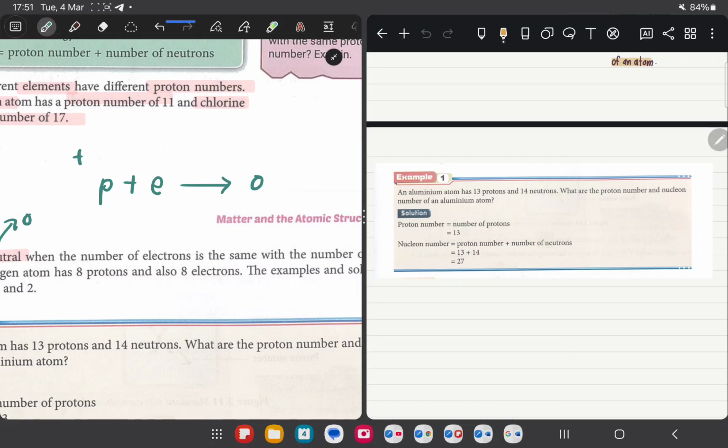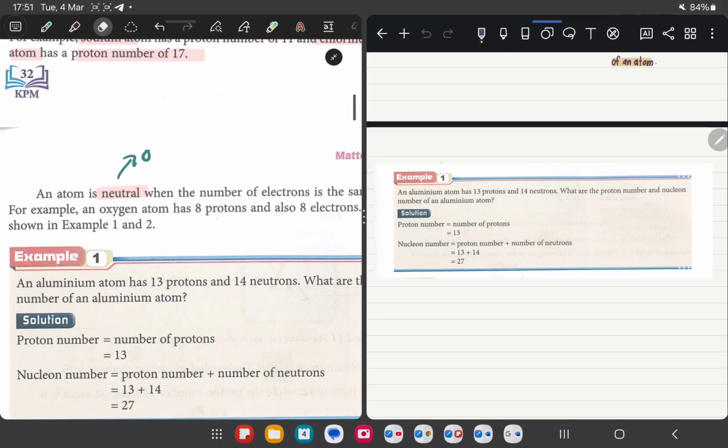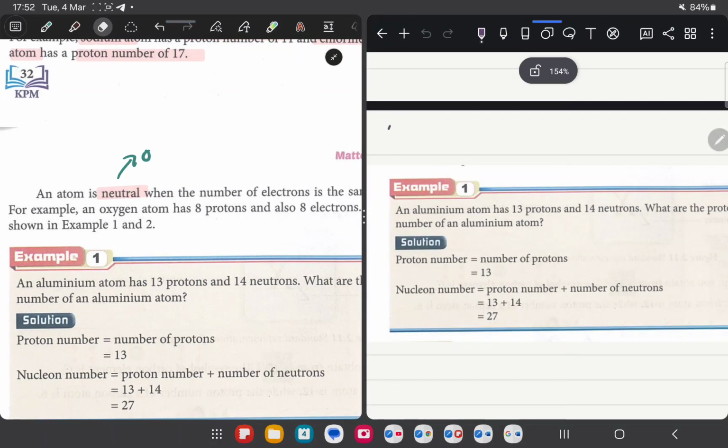Let's say I have positive 14. How many electrons should I have to get 0? For sure I need negative 14, then only I can get 0. This is normal mathematics that you learn during your lower secondary. Please highlight this and I write for you here: an atom will be neutral.